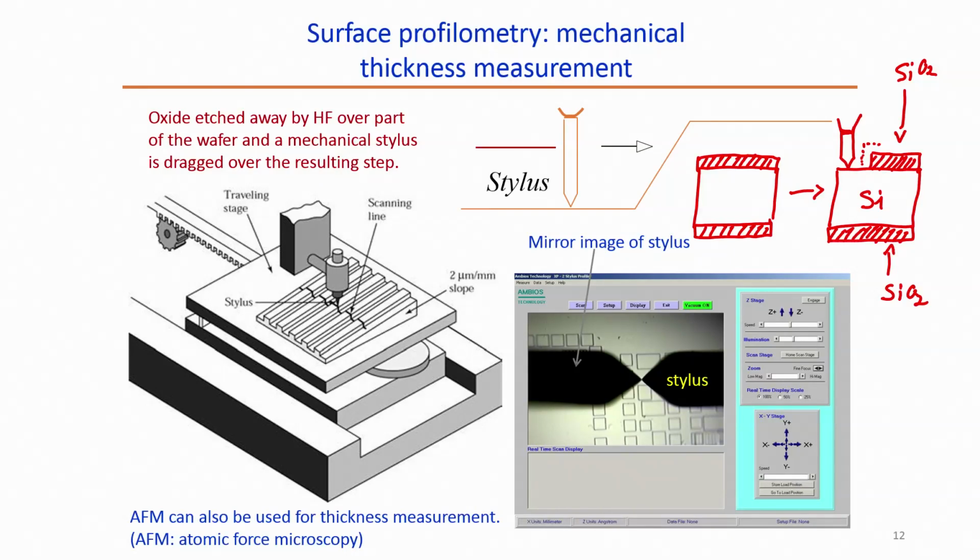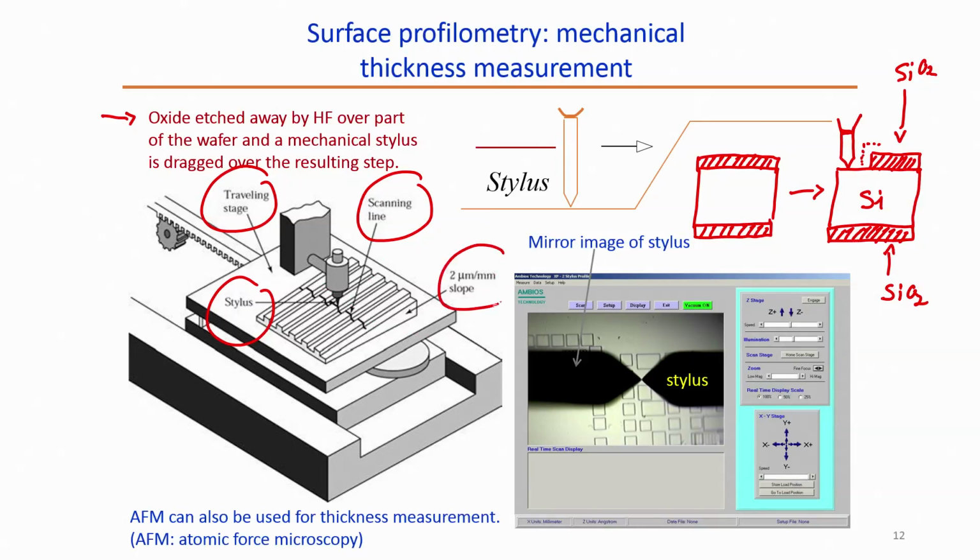You can see here the oxide is etched away by HF, hydrofluoric acid, over part of the wafer, and a mechanical stylus is dragged over the resulting step. There is a travelling stage, a stylus, and a scanning line along which the stylus scans.